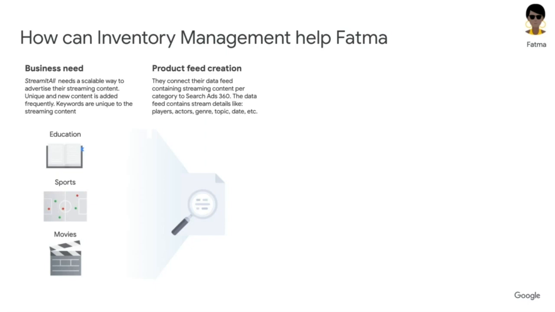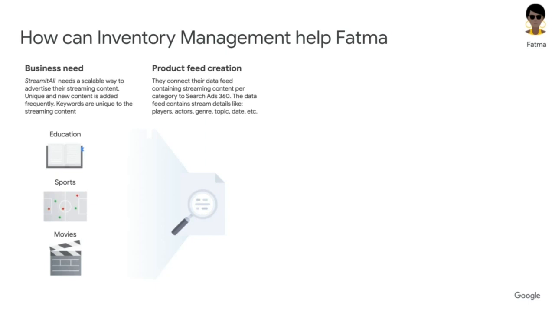So in this case, across the different categories of streaming content, this could be the sports players that are in a certain game, or actors within a movie, the genre of the movie, any topics or keywords associated with the type of content, but also more practical details around the date, the timing, the price for that streaming content. So that's all in her feed.